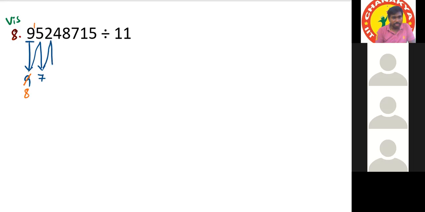Again, the same problem. 2 minus 7. The 7 will become 6, and 2 becomes 12. The result is 6. Again, same problem. The 6 will become 5 now, and 4 will become 14. And 14 minus 5 is 9.